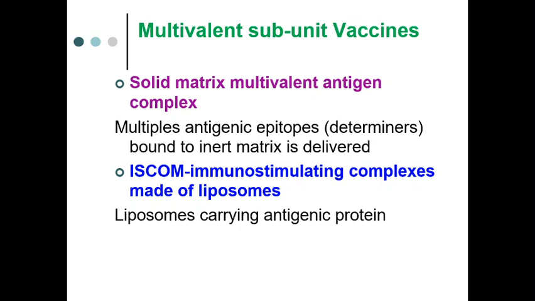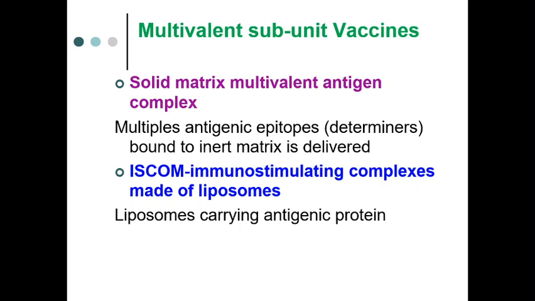And this inert solid matrix could be a liposome. A liposome could be a carrier which may carry these antigenic determinants within itself, or it could be made to carry these antigenic determinants on its surface.